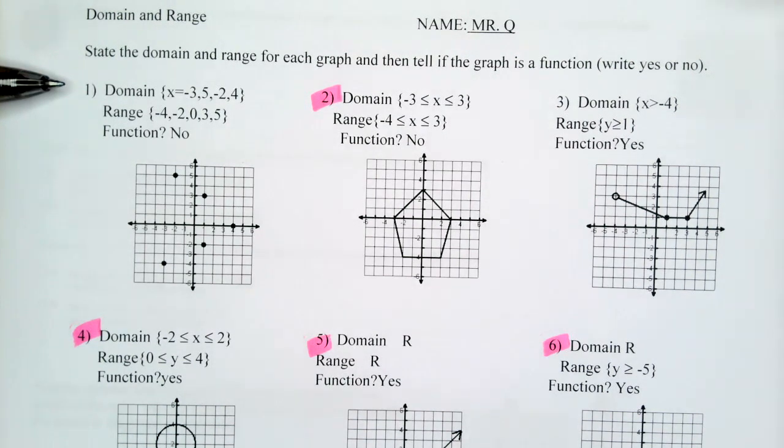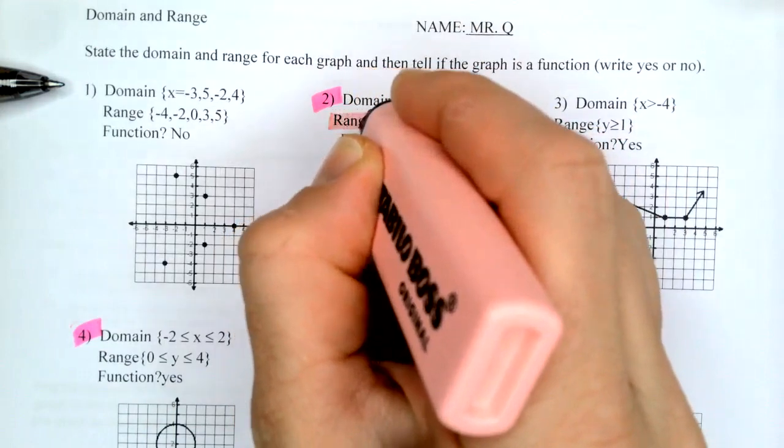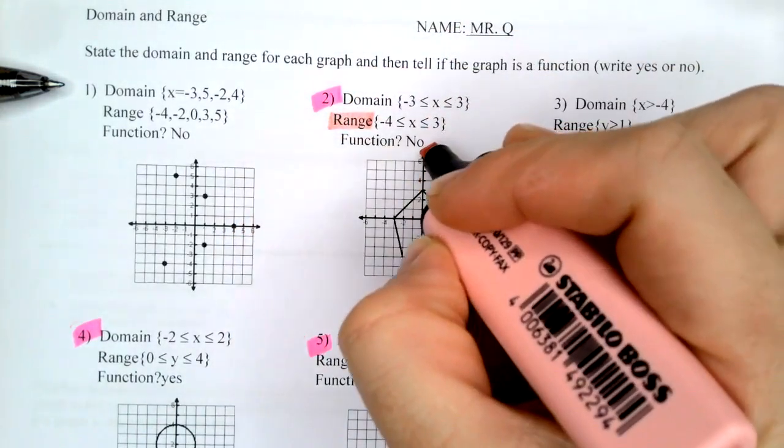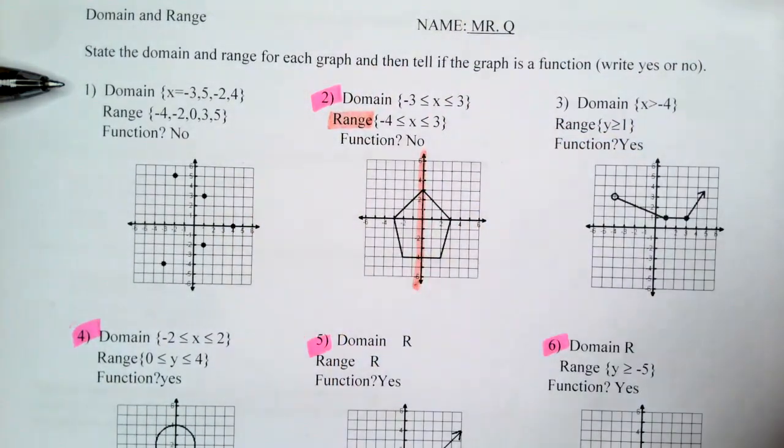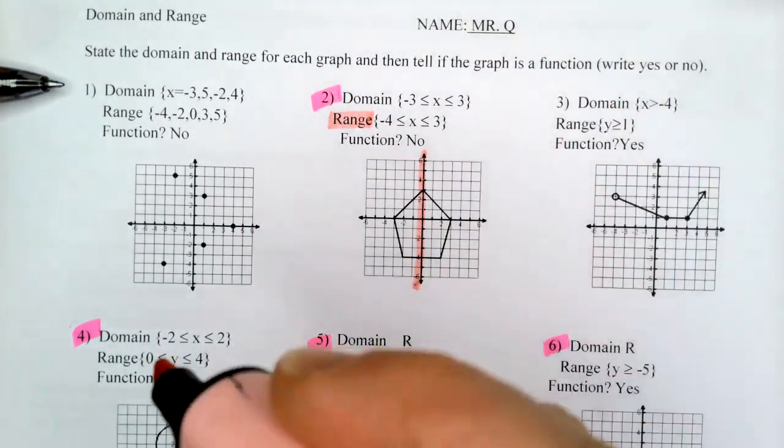when they say domain, they are referring to the x value of the graph. When they are referring to range, they are referring to the y value of the graph. Okay, so range is always, where's the graph on the y-axis, okay?